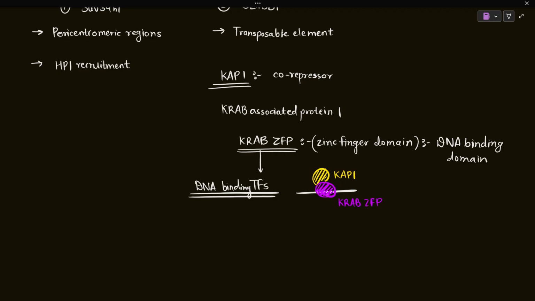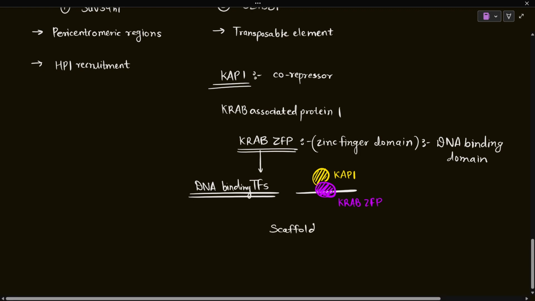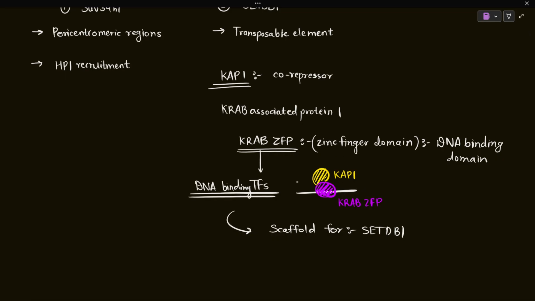This association provides a scaffold for the enzyme SETDB1. Due to the recruitment of KAP1 to KRAB, which has been recruited to DNA, it provides a recruitment signal and a docking site for SETDB1.